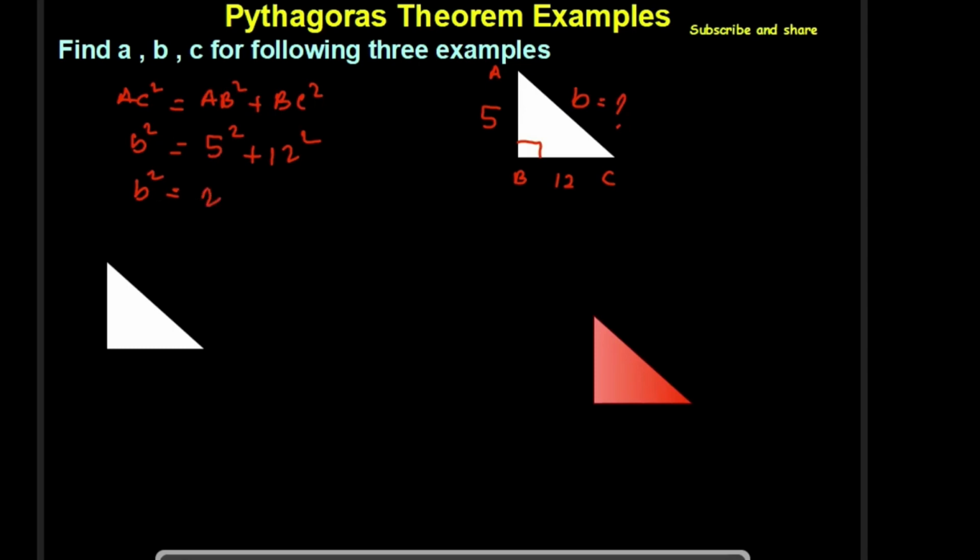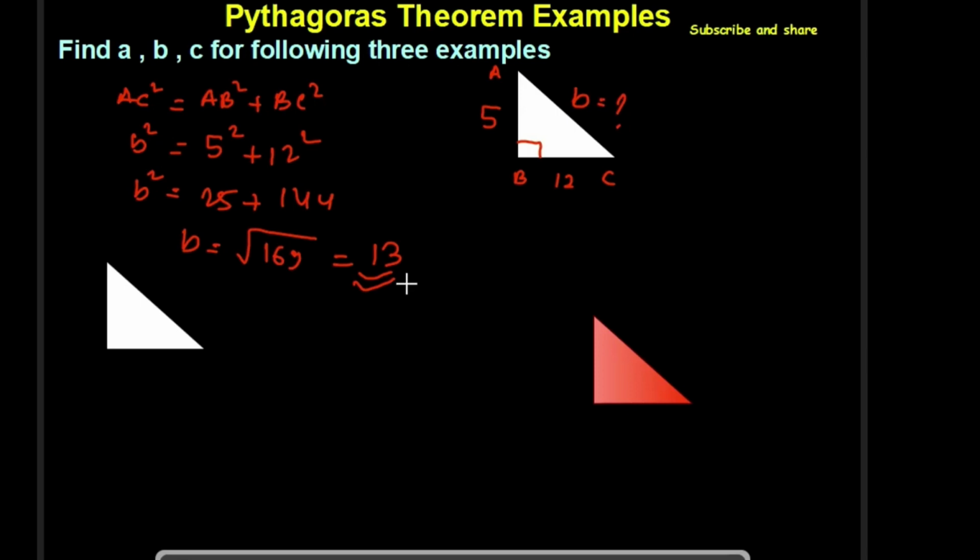So B square is 25 plus 144. So B is equal to, if I put the square on the other side, it will be the square root. Adding these together, 169. The square root of 169 is 13. So 13 centimeters, if the unit is centimeter.